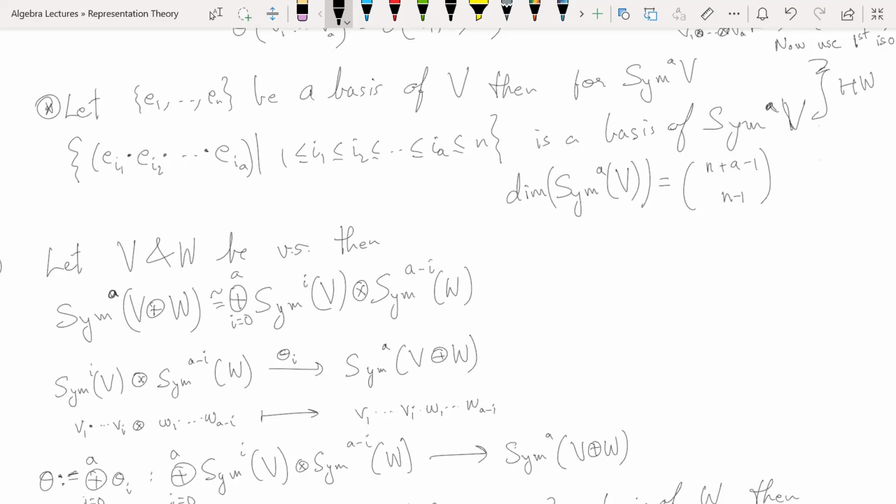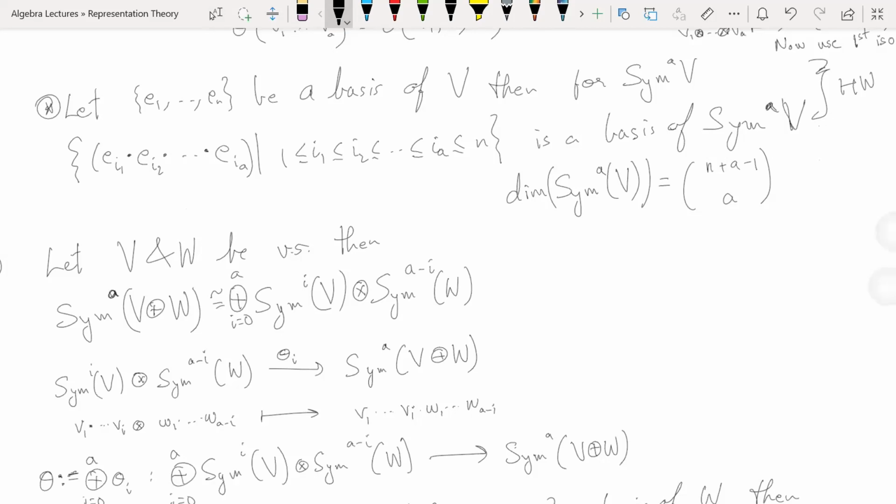So it's like you have n objects and you want to divide them into A plus 1 groups. So you add A sticks, and then you choose those sticks. I hope this combinatorial interpretation is convincing. If you are convinced that this is this, then it's okay. This is how I keep it in my head.